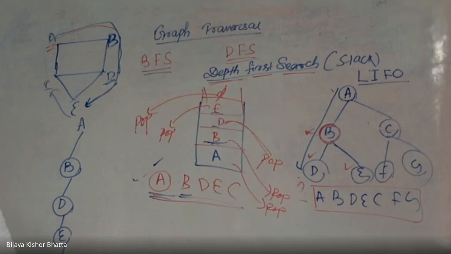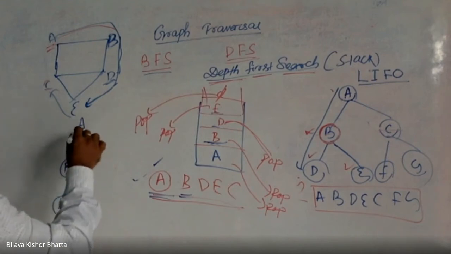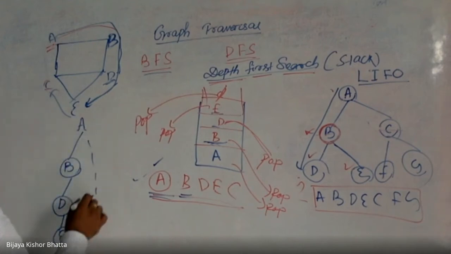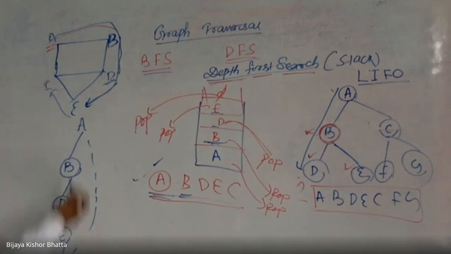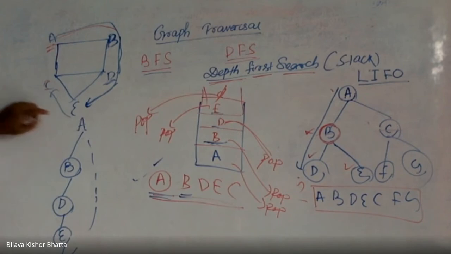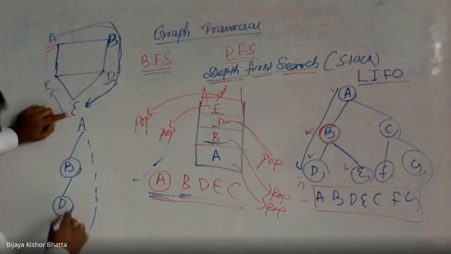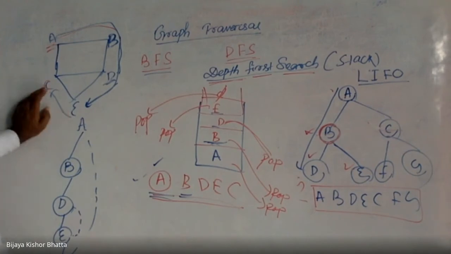E is connected to C, and A is connected to C. I have traversed this graph, and there is also another connection: E is connected to D. I'm just putting the dotted mark since B is connected to A and D. C is connected to A, C is connected to E, C is connected to D. Yes, this connection also exists.